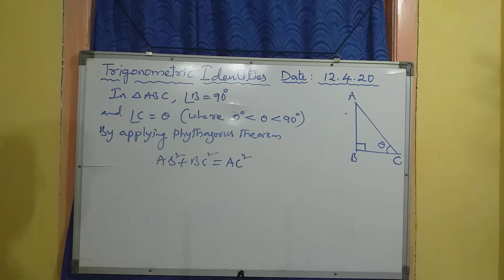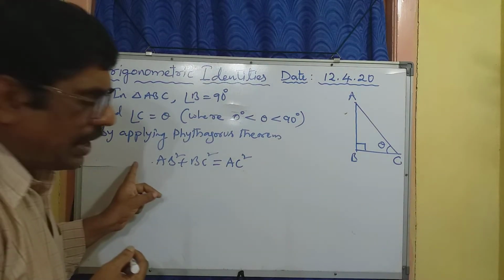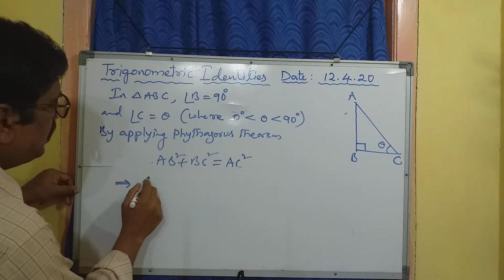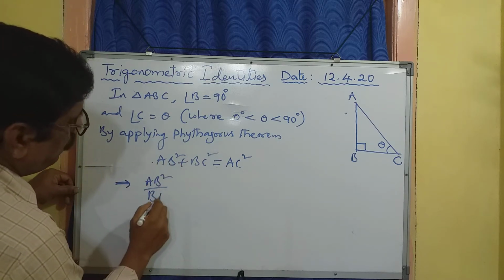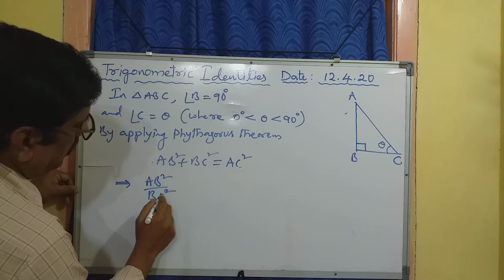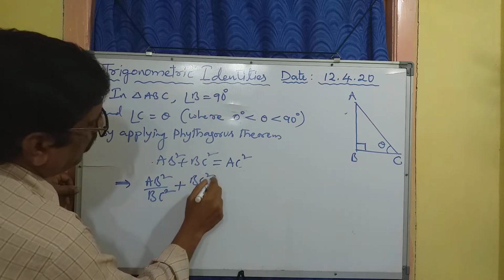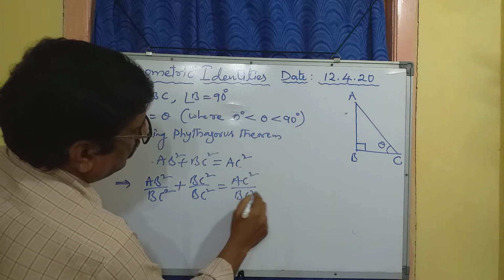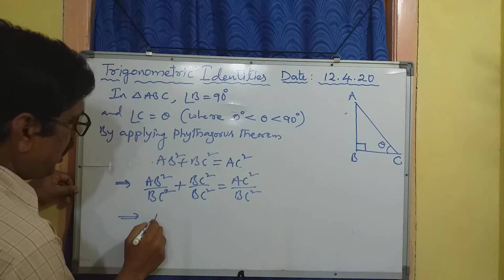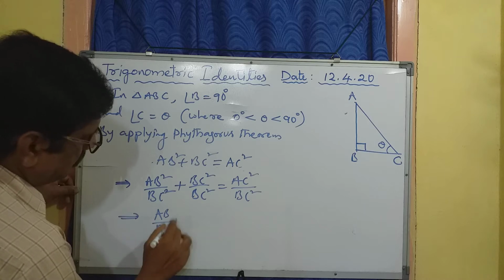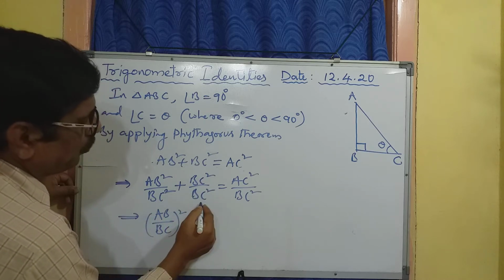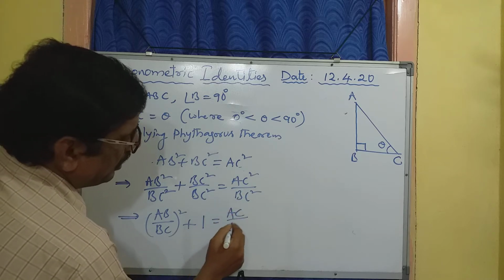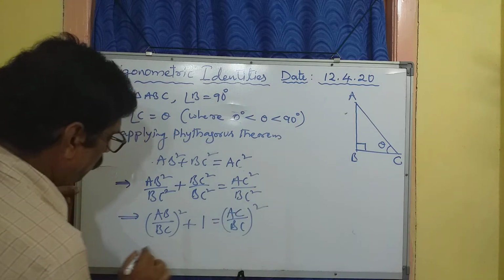Now for the second identity, divide this entire equation with BC square. Now we get AB square by BC square plus BC square by BC square is equal to AC square by BC square. Now we can write AB by BC whole square, BC square can be cancelled, AC square by BC square can be written as AC by BC whole square.